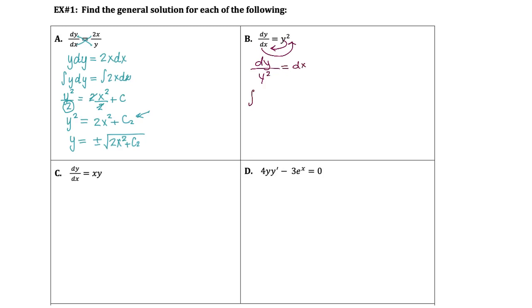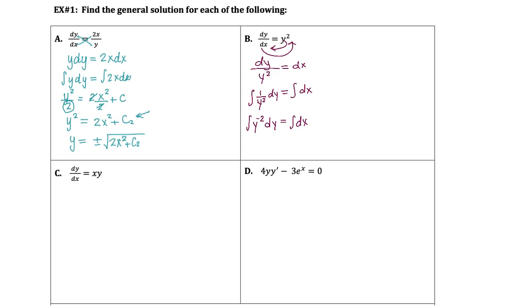And then we're going to integrate, and that's going to be 1 over y squared dy equals the integral of dx. And so that's the integral of y to the negative 2 dy equals the integral of dx.